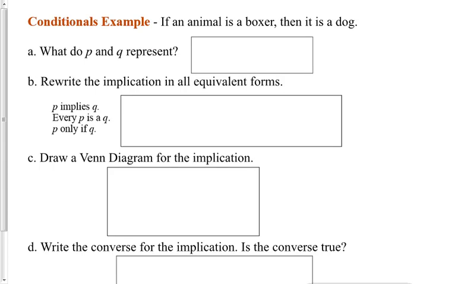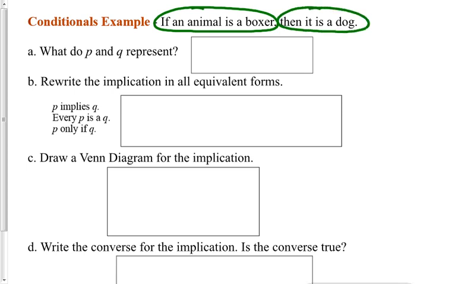We're going to finish the lesson with some conditional examples. Let's start with this conditional statement. If an animal is a boxer, then it is a dog. In part A, we are asked, what do P and Q represent? Well, if you look at the conditional statement and break it into 2 statements, we see the first part, our hypothesis, and the second part, our conclusion.